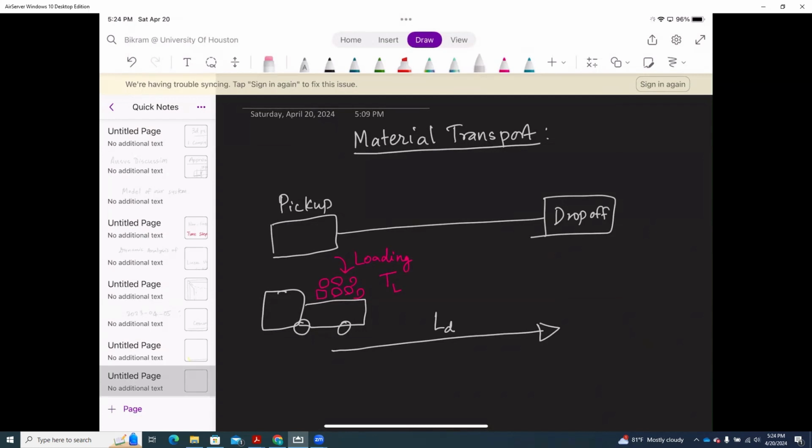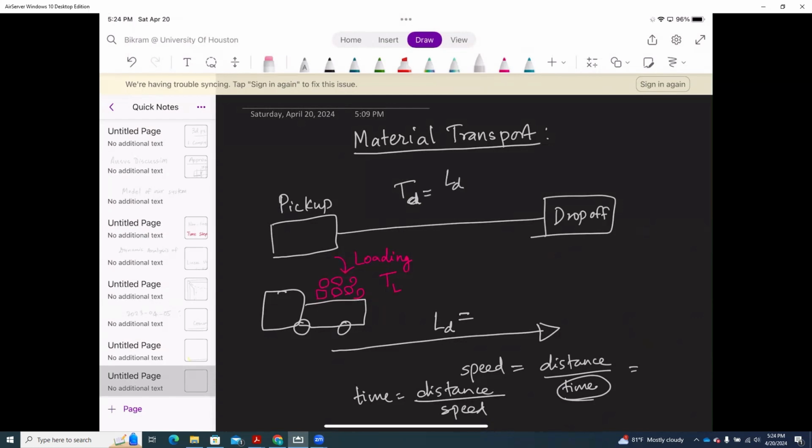The time it takes to travel this distance: we know that speed is equal to distance divided by time, right? So we want to calculate time. So time is equal to distance divided by speed. So the time it takes to cover this distance is given by TD. The time it takes to reach the drop-off is equal to the distance it has to travel, from here to here, divided by the speed of the vehicle.